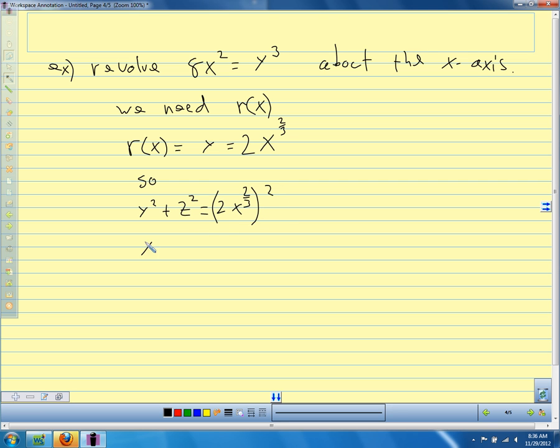So we could simplify or rewrite that. y squared plus z squared equals 4x to the 4/3. And this one's a little harder to visualize. If we draw, I'm going to draw the x-axis more kind of this way.